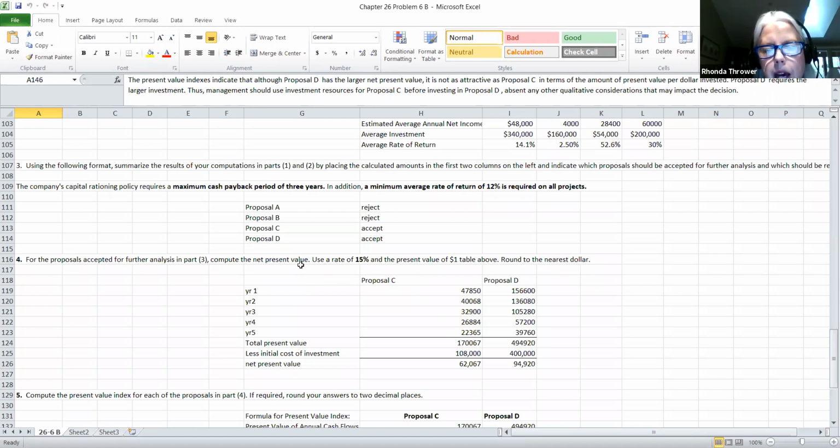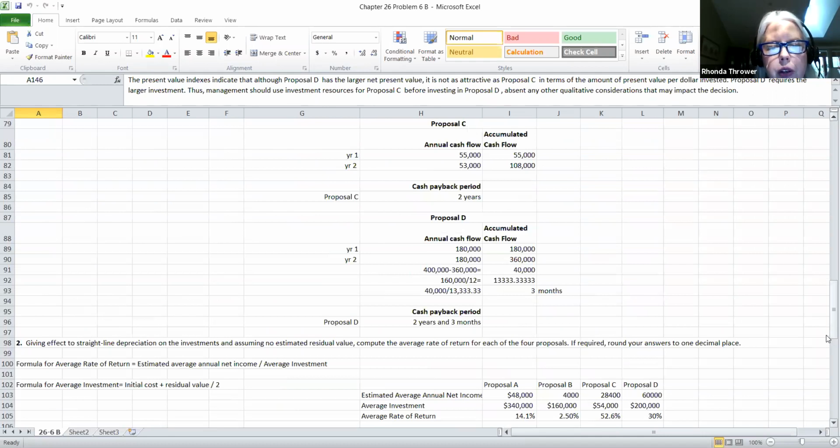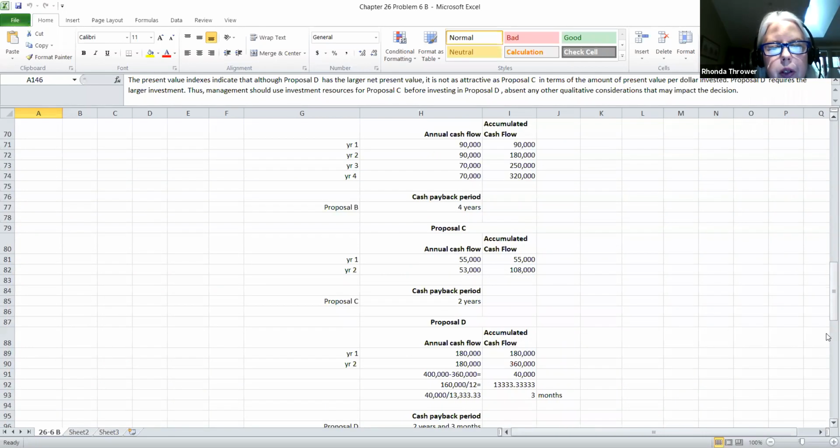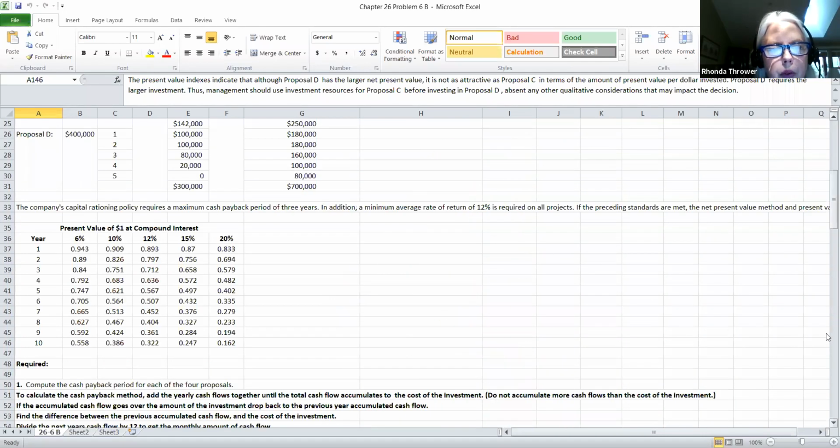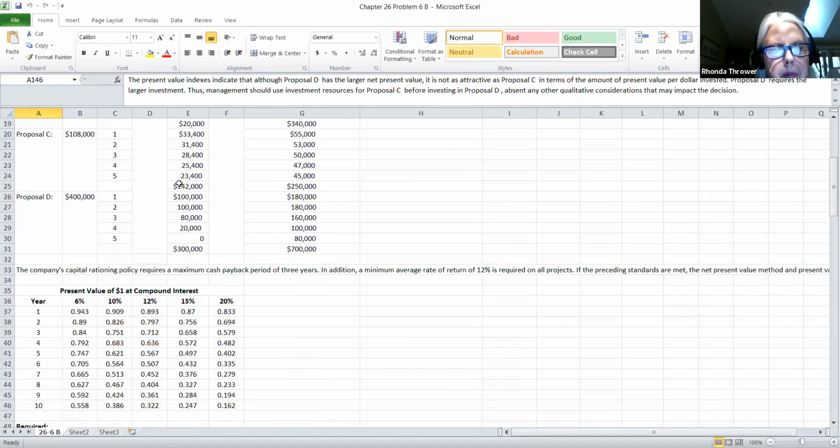So what I have to do when I'm calculating present value is we always use the cash flow. So I'm going to look at proposal C, and I'm going to look at the cash flow for year 1. Proposal C, the cash flow for year 1 was $55,000. That's given.